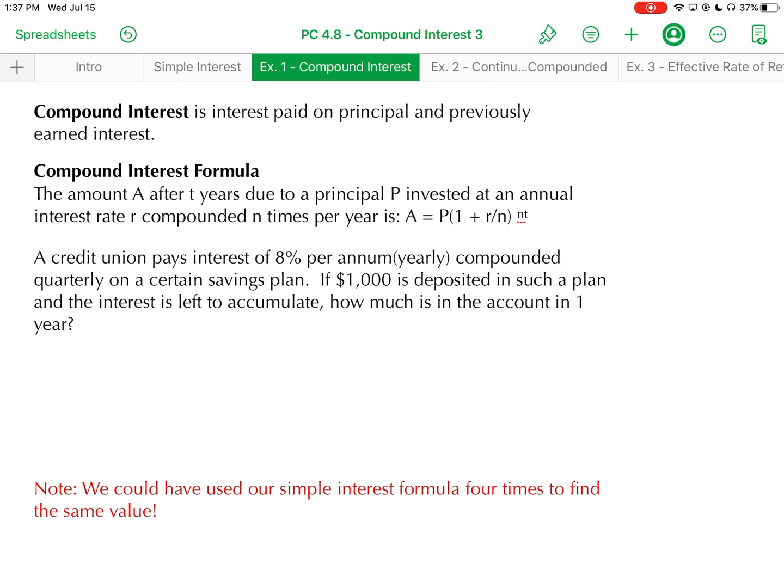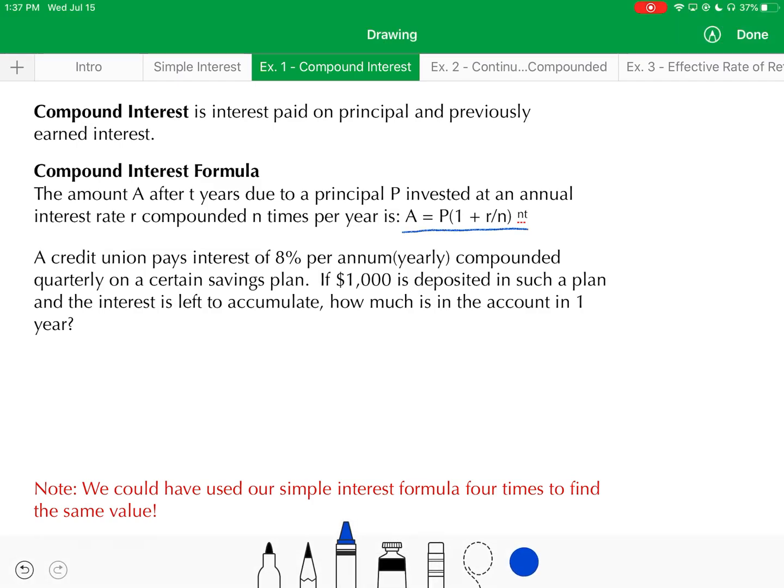It can be found with the formula A equals P times 1 plus R over N raised to the power of N times T. So the first thing I want you to notice is this is an exponential equation, okay? Obviously, with the fact that we have a power of nt built into it, okay?